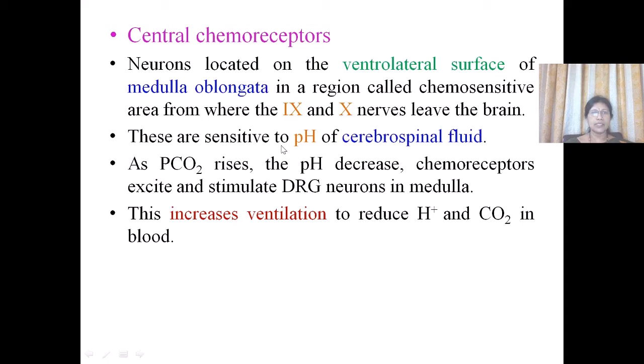As the partial pressure of carbon dioxide increases, the pH decreases and the chemoreceptors are excited and stimulate the dorsal respiratory group neurons in medulla. With this, breathing or ventilation is increased to reduce the hydrogen ion concentration and carbon dioxide in blood.